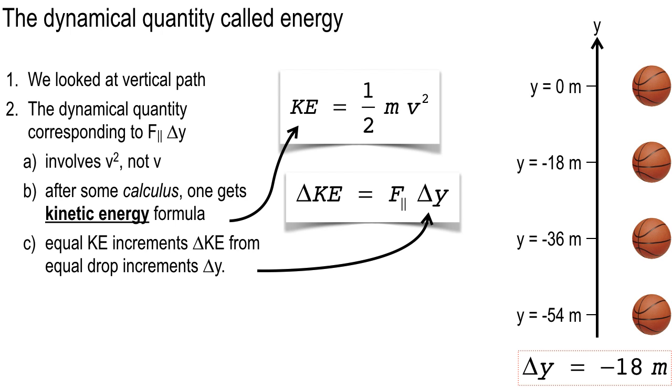On the deluxe brain burner, F parallel would be the friction force, which was 0.01 Newton. Remember that? And in the deluxe brain burner, we were working on the tabletop, so you would want to use delta X. But we had everything. We could have used this.